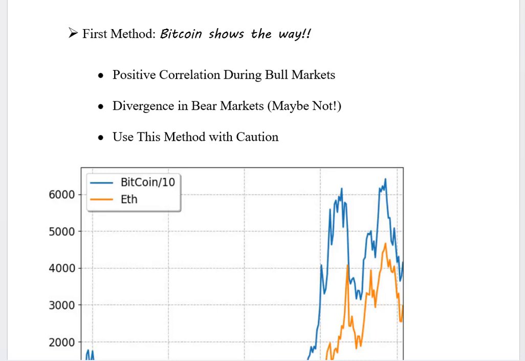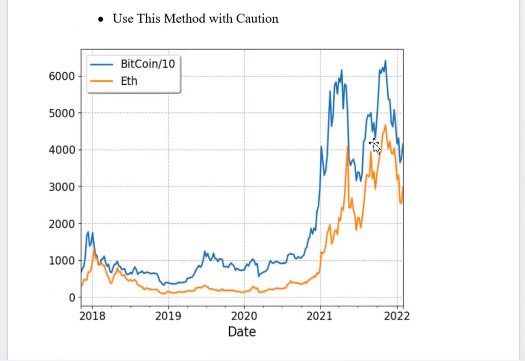Each of these two groups of researchers bring a part of the past to show the validity of their claim. But in general, it seems that Bitcoin largely determines the general direction of the cryptocurrency market, especially in bullish market. But in any case, this method should be used with caution.